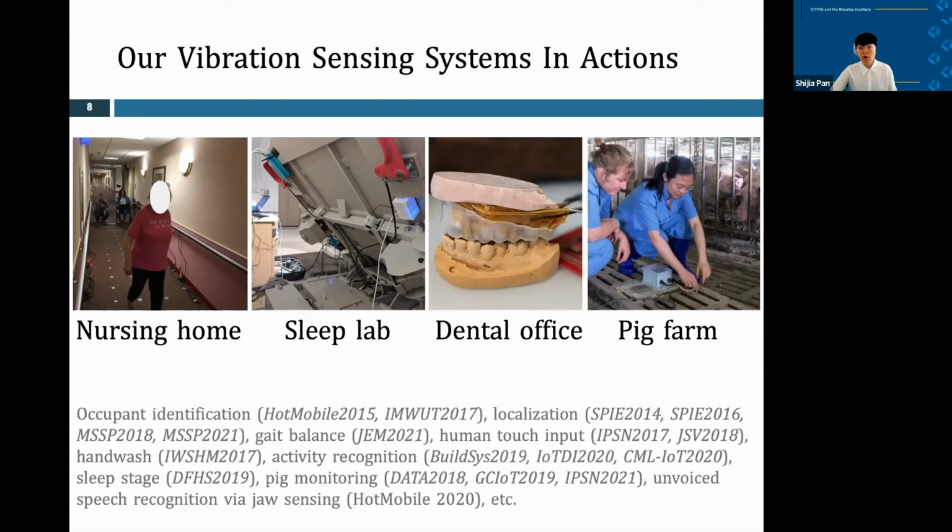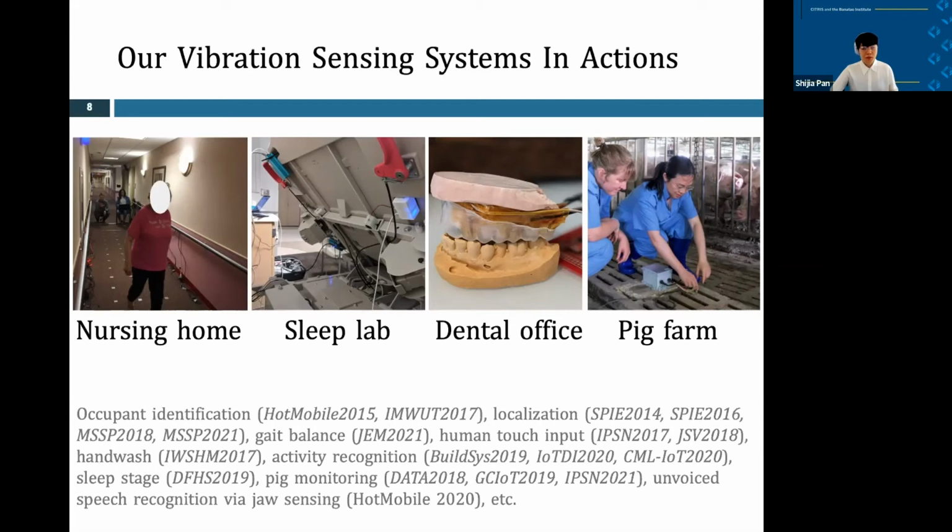We also work with our local dental office, where we want to understand how people use their teeth and whether we can learn about their oral health. In addition, we put our vibration sensing system in a pig farm in Thailand, where we are learning the piglets' activity and whether they have health issues as well.